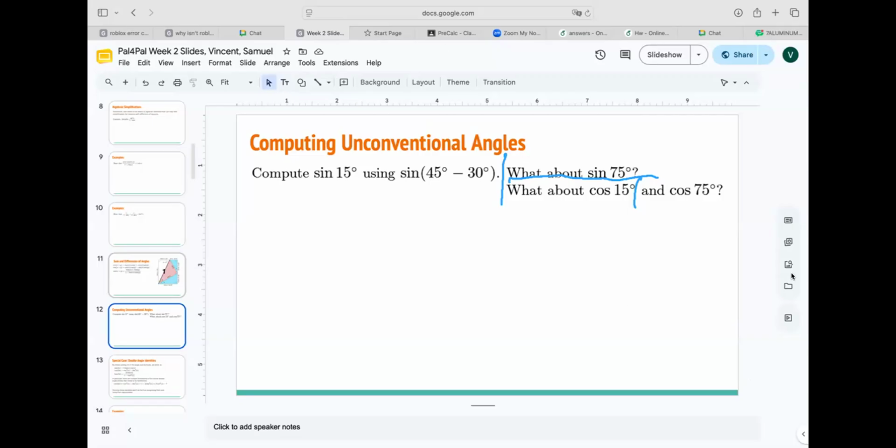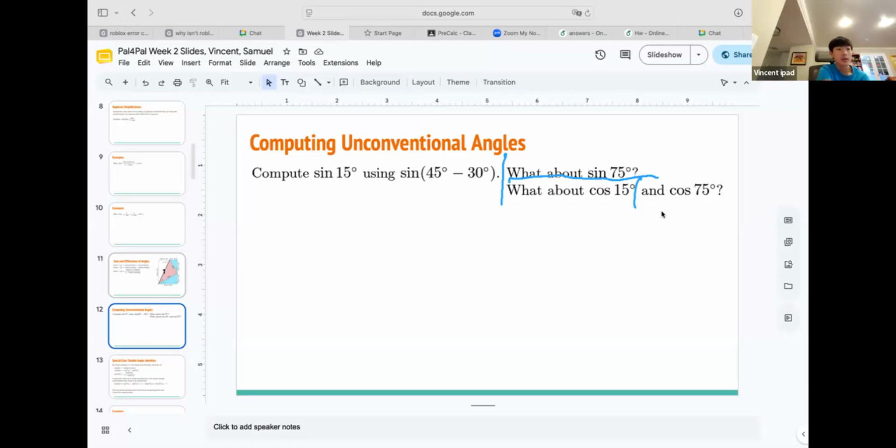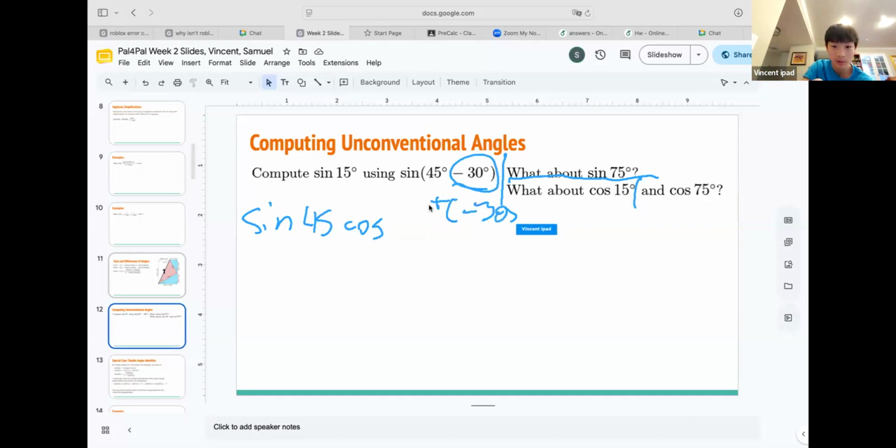Okay. If you use a formula, you get sine 45 times cosine 30 minus sine 30 times cosine 45, which is equal to root 6 minus root 2 over 4. Oh yeah, that's right. That's correct. So you just use the formula. This is minus 30, but you can treat it as plus negative 30, so that it's easier to use the rules.